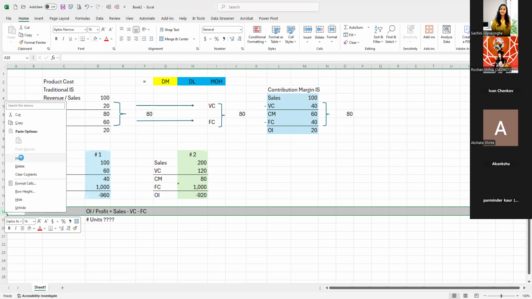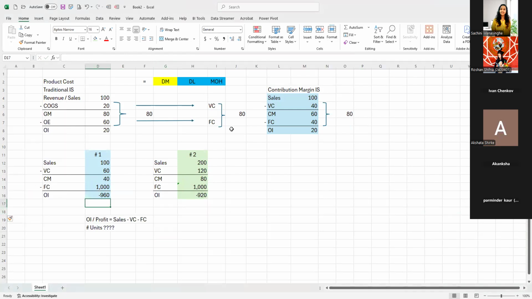So now let's observe what has happened with the operating income. The loss has decreased. Increase or decrease now? What's the difference between one operating income and the other? The loss has decreased. Before I was losing $960.